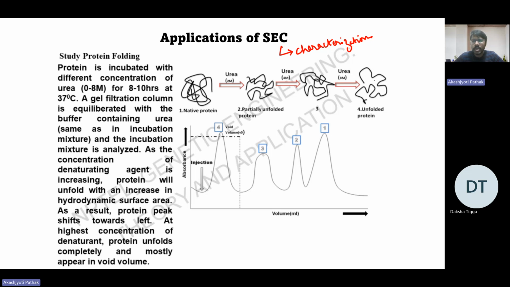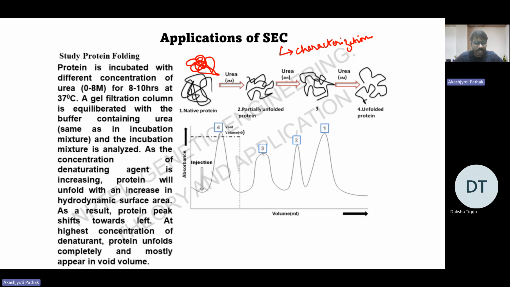As your protein moves from a folded state to an unfolded state, what is happening to the shape of the protein? At low concentration or when there is no urea, the native protein is very well folded. It has a globular shape.